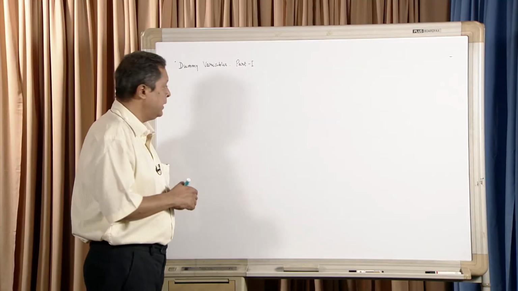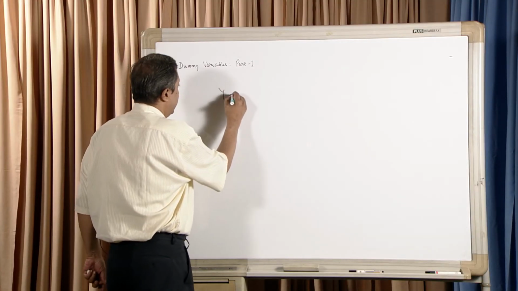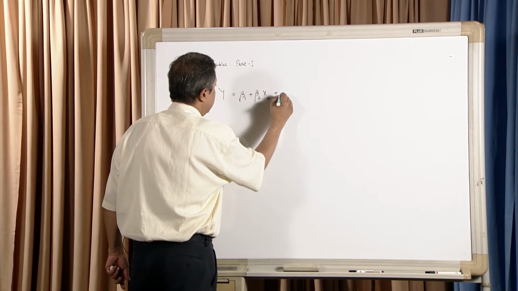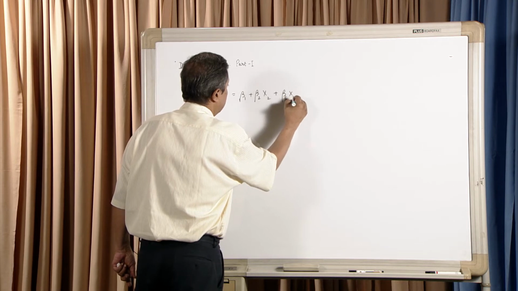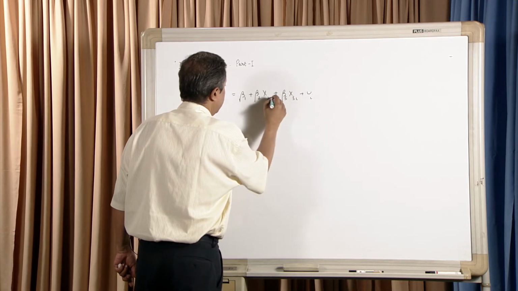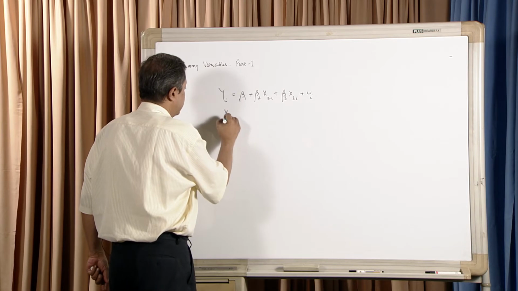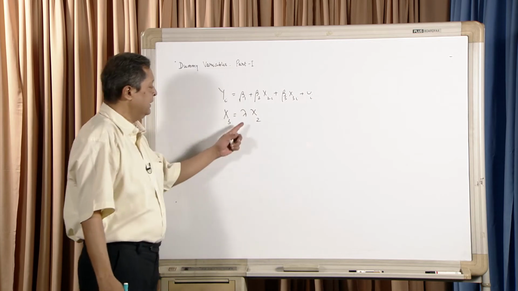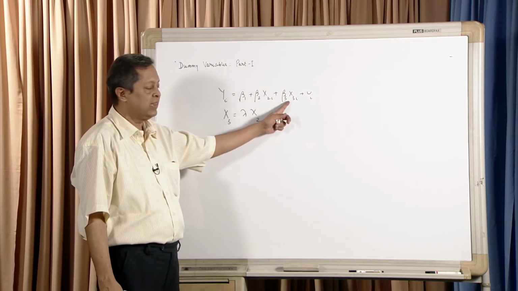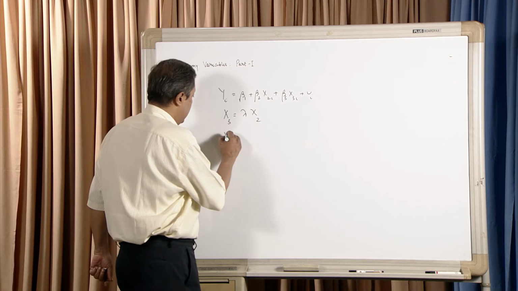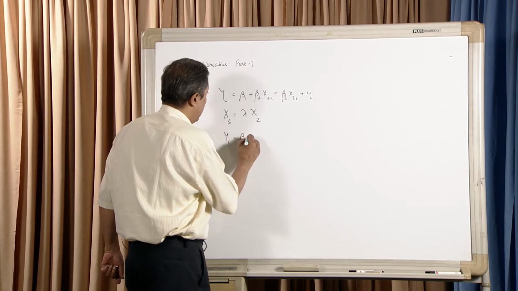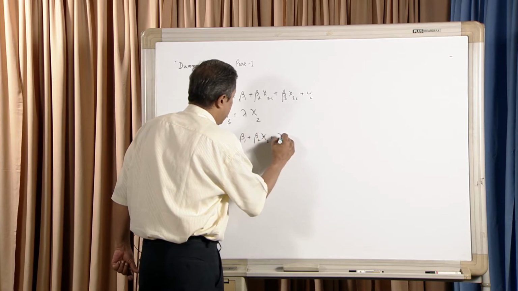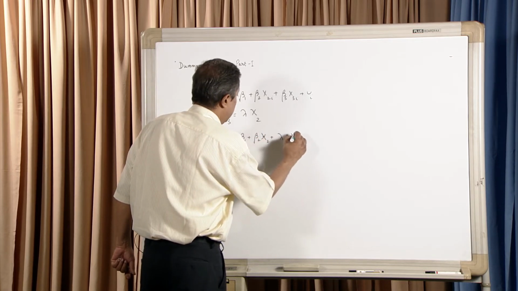Just to recall very briefly, if we regress y on x2 and x3, and if we say that x3 is equal to lambda x2, then if we replace x3 by lambda x2, the model becomes yi is equal to beta 1 plus beta 2 x2 plus lambda beta 3 x2.